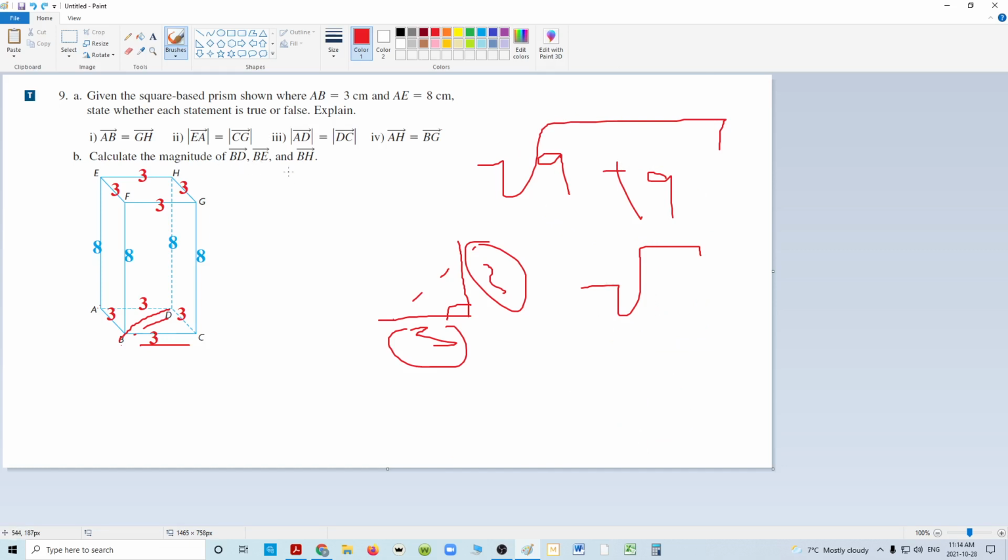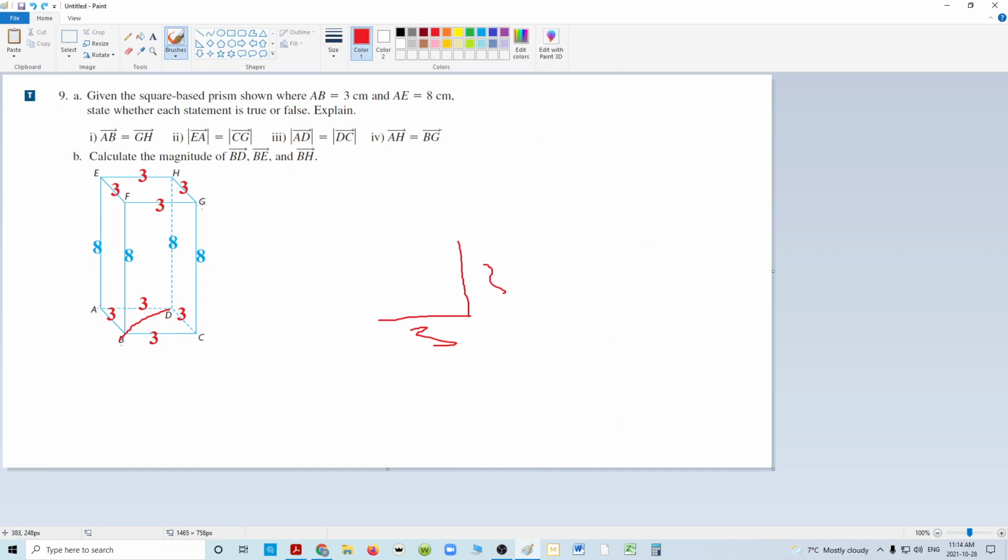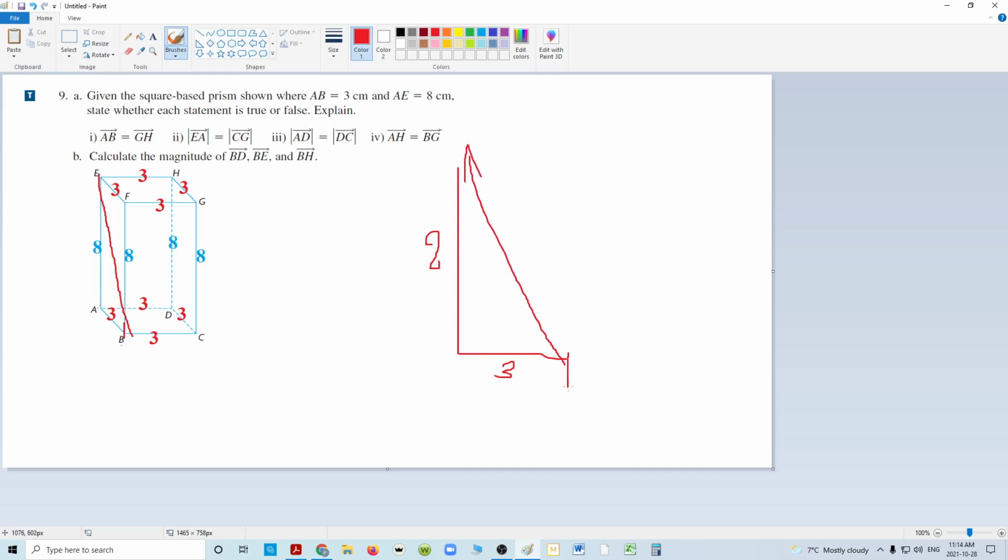What about BE? Okay, BE is going through here like that. So looking at the triangle or the side of it, we're talking 3 and 8. Since they don't really want compass, you can just say BE is the direction.